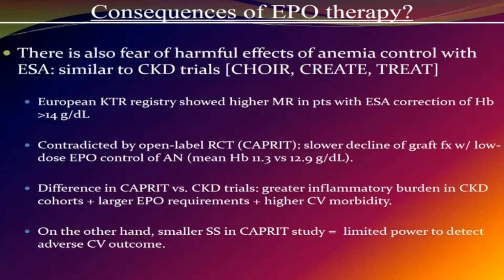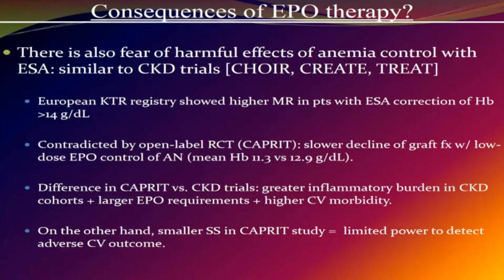It has been speculated that the difference in the CAPRIT studies and CKD trials is the greater inflammatory burden in CKD cohorts, because they tend to be sicker patients. And the larger erythropoietin requirements, therefore higher cardiovascular morbidity in this group. On the other hand, it is possible that the smaller sample size that we have in the CAPRIT studies could account for the limited power to detect adverse cardiovascular outcome in that cohort.